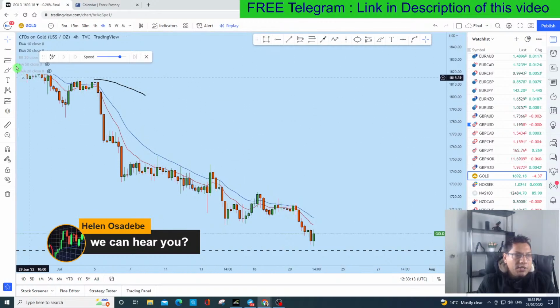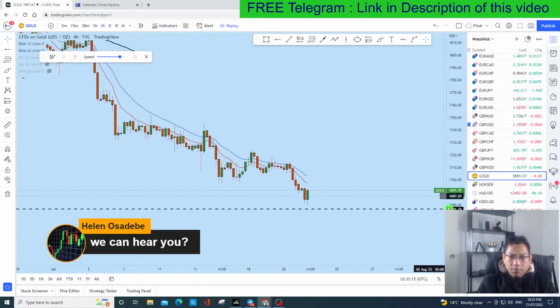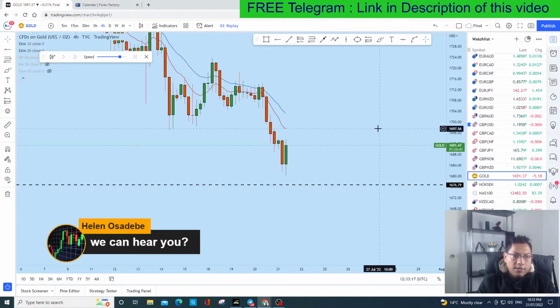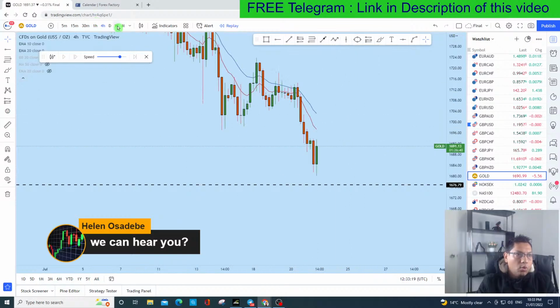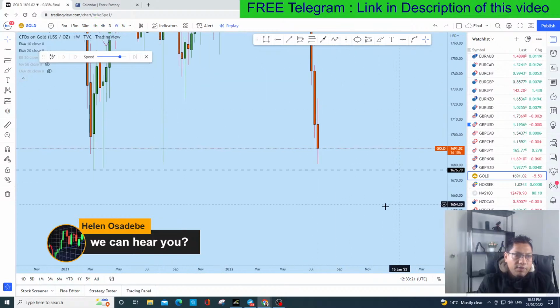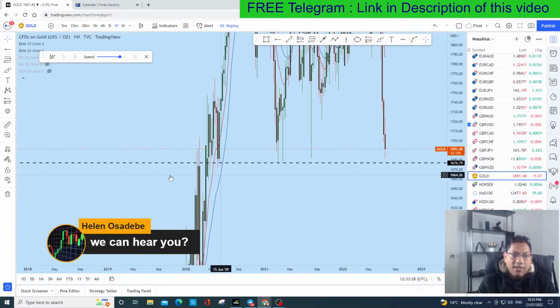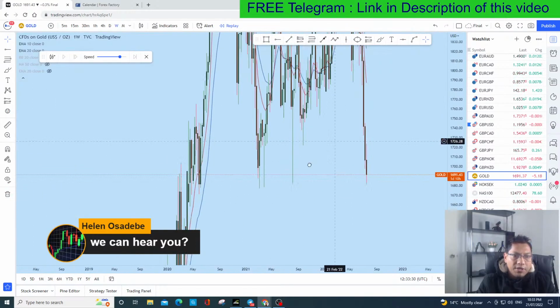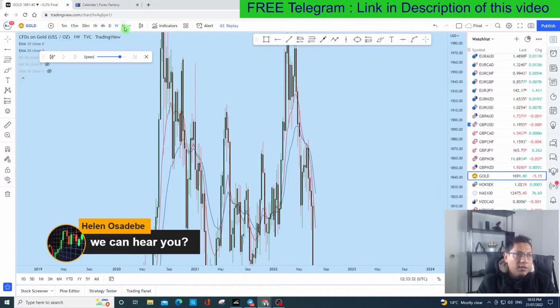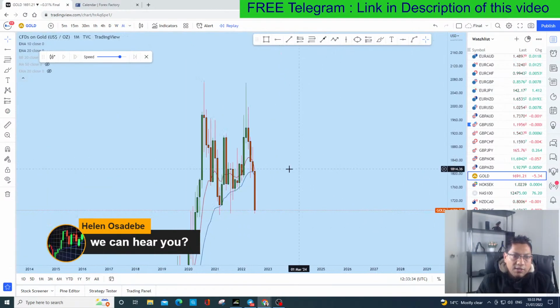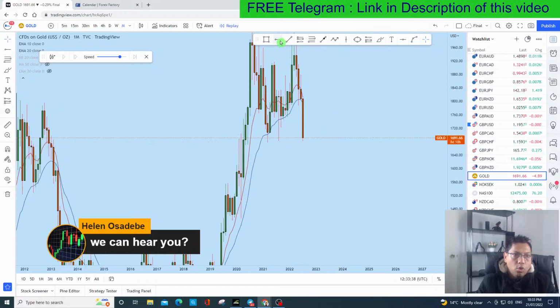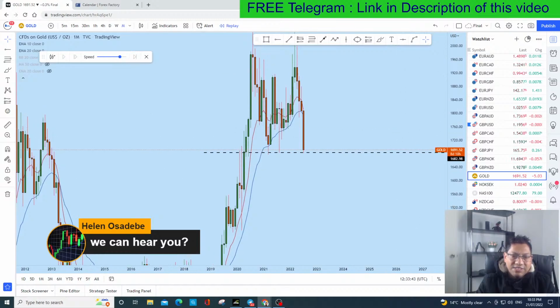Gold, we have seen a push up. Let's see what happened. You see, this is the long-term monthly support. This is exactly what I predicted long ago, when the price was here. I predicted that gold will create a new lower high, a lower low, and gold did exactly that.